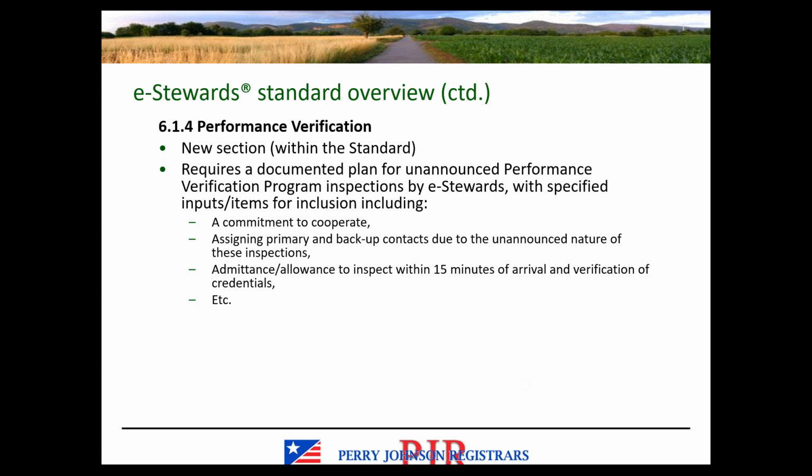It requires a documented plan to account for the unannounced performance verification program inspections that e-Stewards conducts, with specified items to be included within that documented plan, including a commitment to cooperate, having primary and backup contacts to make sure somebody is always available during an unannounced inspection, allowing them to be admitted and begin their inspection within 15 minutes of arrival, and several other criteria.